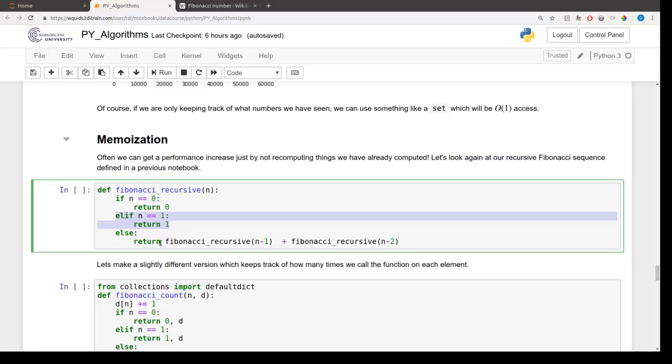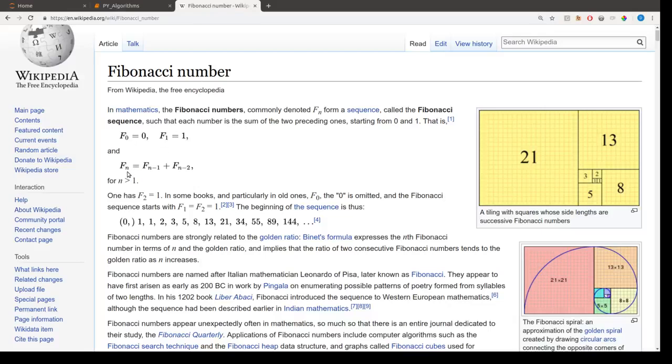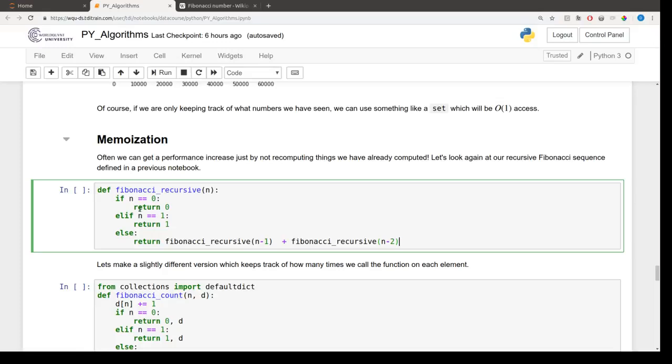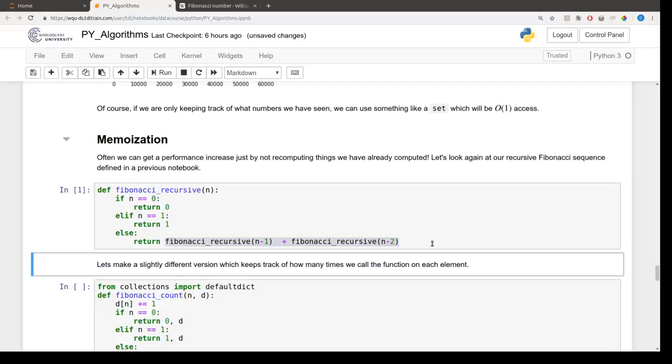Otherwise, we return the (n-1)th Fibonacci number plus the (n-2)th Fibonacci number, and we add those together. So that's exactly this equation here. So we've expressed these three equations that specify the Fibonacci numbers in code. And because this function calls itself, this function is recursive.